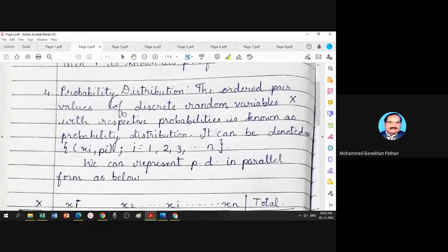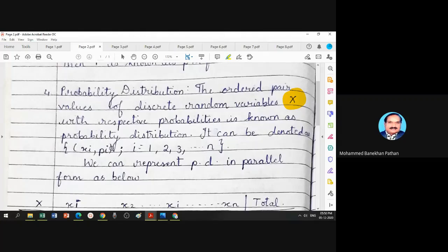So under definition number 4, what we do? We make ordered pair values of variable x with respective probabilities. That ordered pair collection is known as probability distribution.